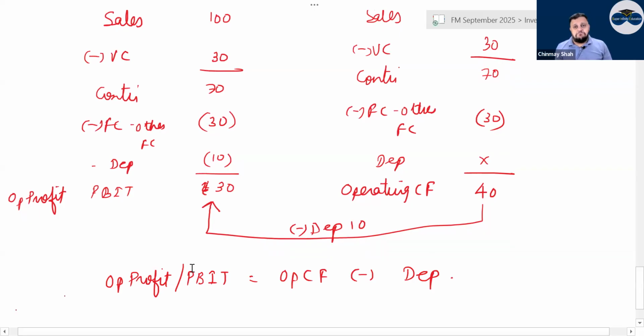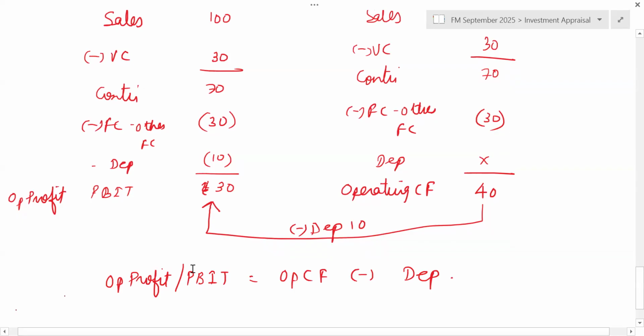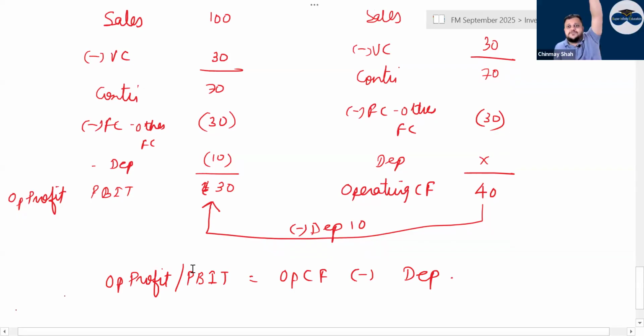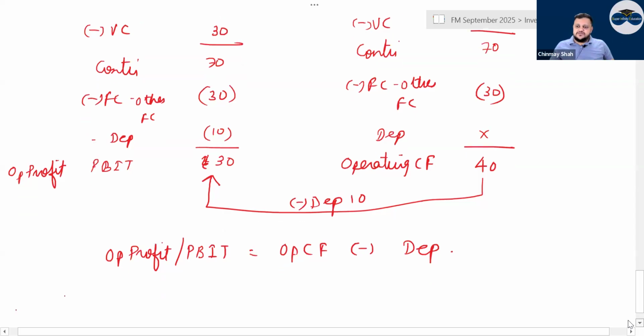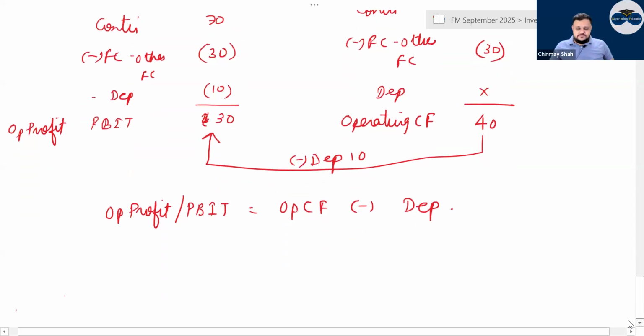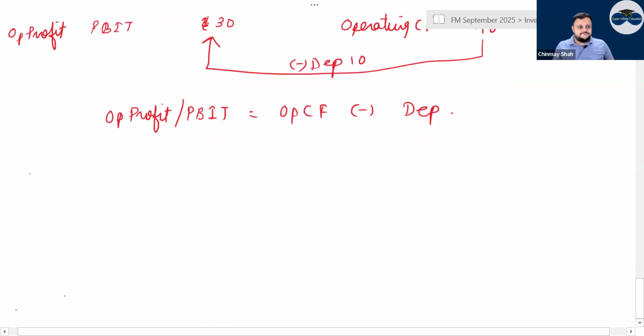Sir, in the question above, you had directly given PBIT. If cash flow had been given, how would you have done it? Write down an example. Company A has made an investment of 700,000.